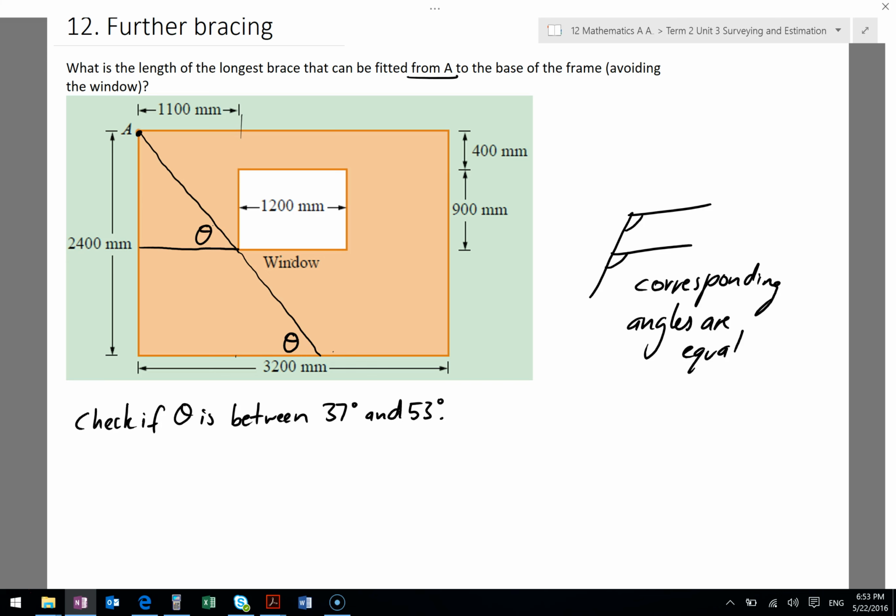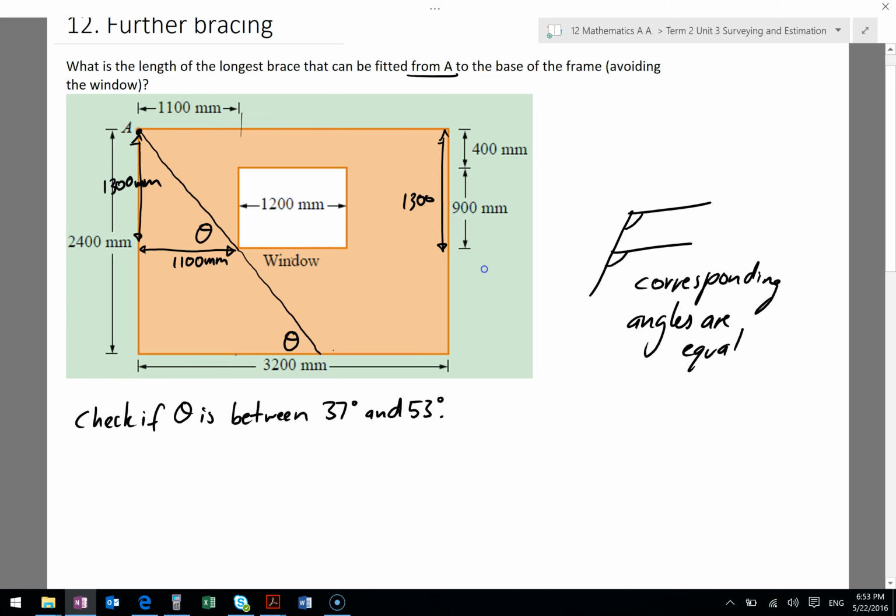I can find this distance. This distance will be the same as over here. These two added together is 1300 mil. So I know that I've got 1300 mil there, and I know horizontally I have 1100 mil as above.